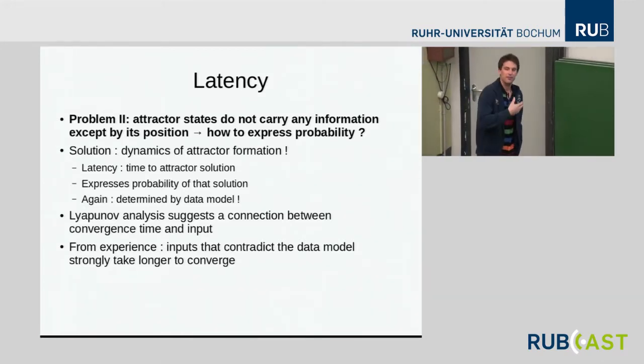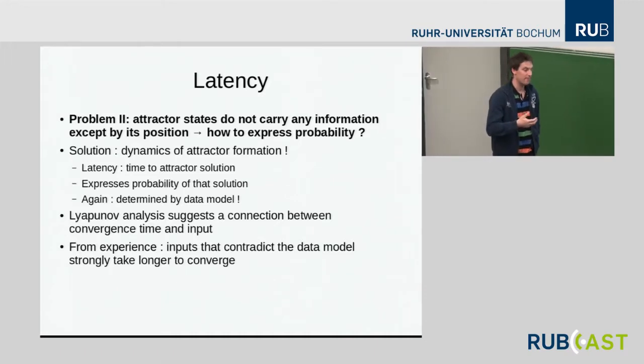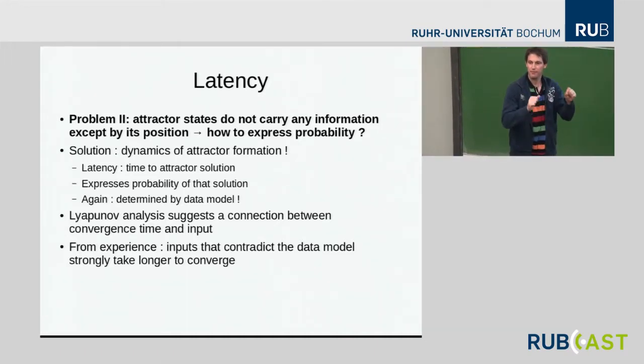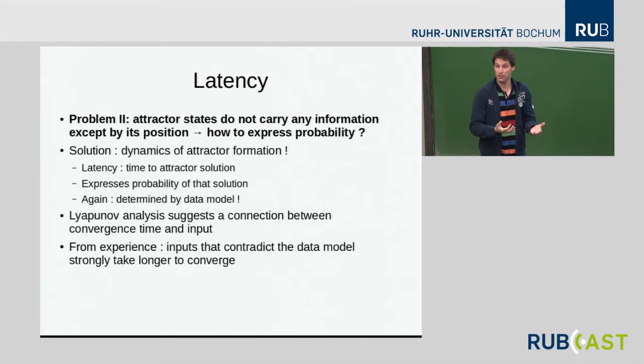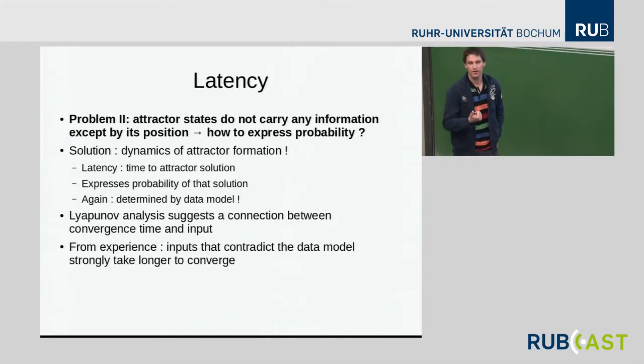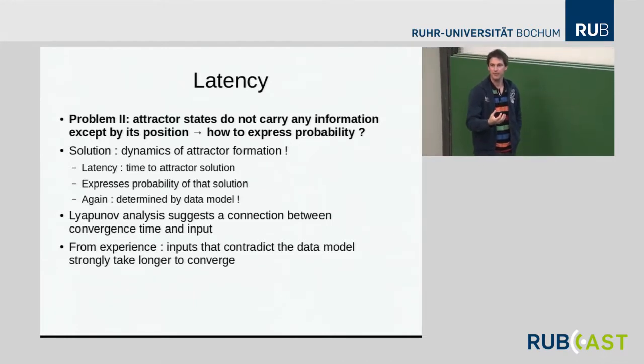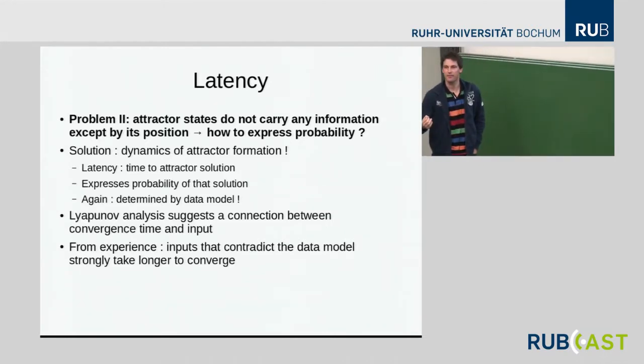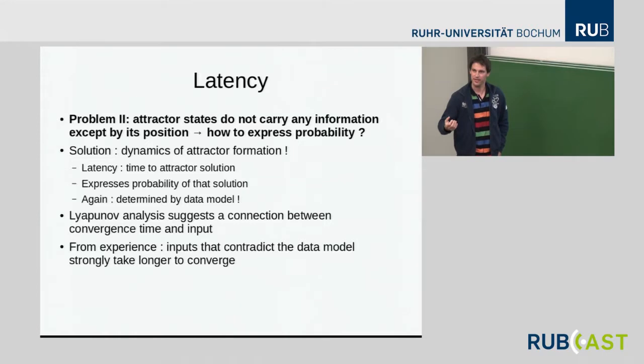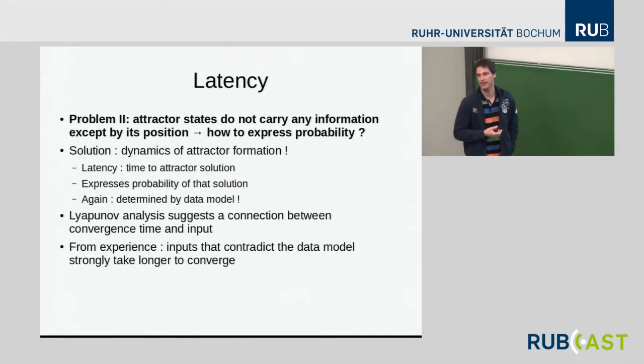So the dynamics of convergence tell us that if there's a lot of conflict in the field, then the convergence will take much longer than if there were no conflict. So I can not only infer the most likely interpretation, but by looking at the latency of this attractor state, I can also tell something about how compatible this input actually was with my data model.